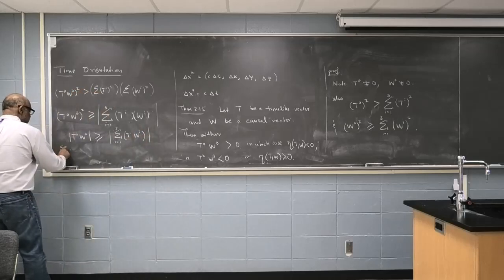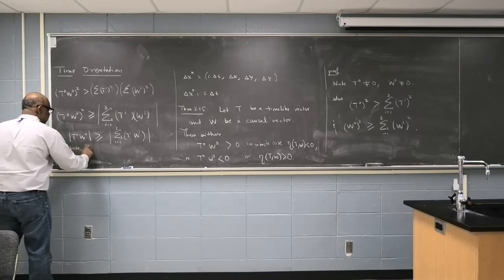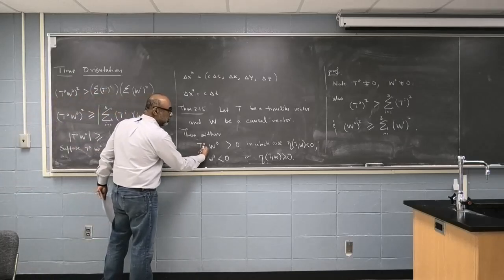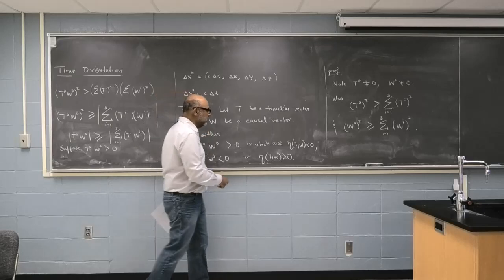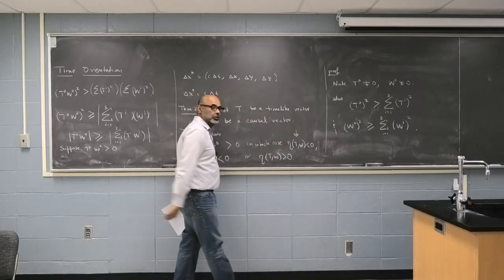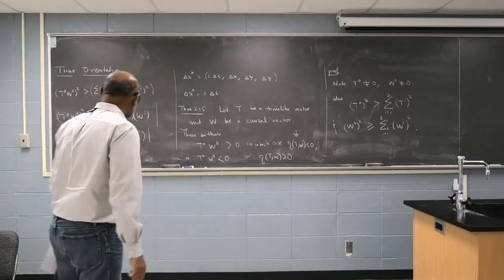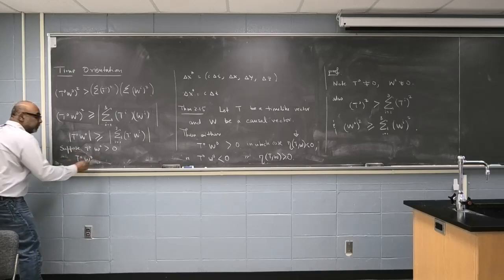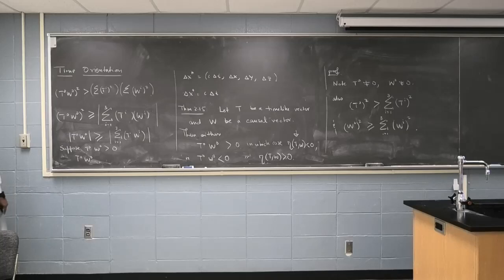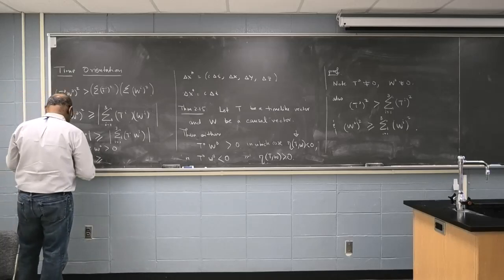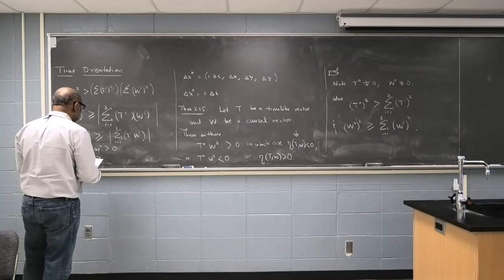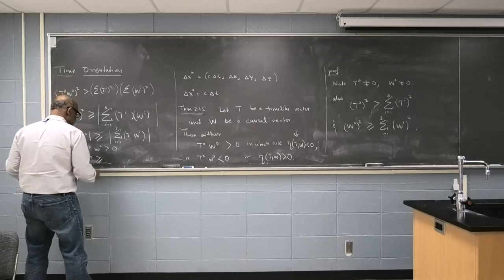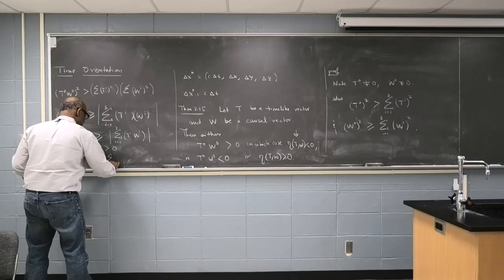Okay, suppose T0, W0 is greater than 0. So we're doing this part. I may need to erase this, but all I need to do is show this part. In this case, this is just T0, W0 because the absolute value of a positive number is itself. And what I can do is just remove the absolute value because this is positive. I can say this is i equals 1 to 3.